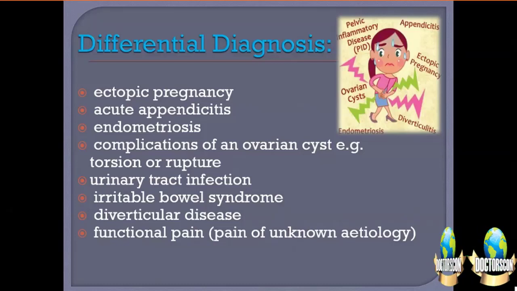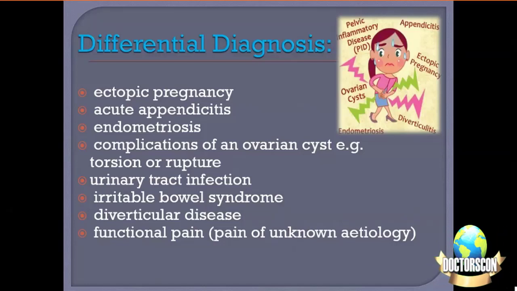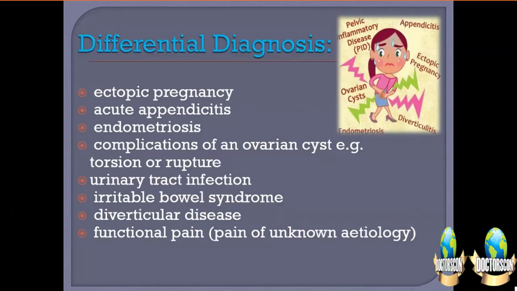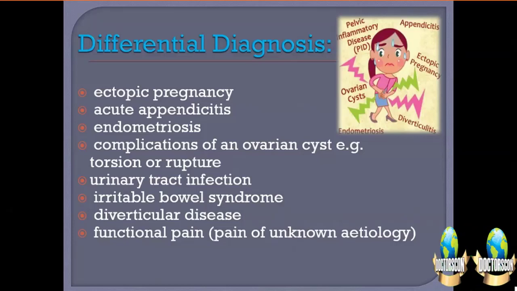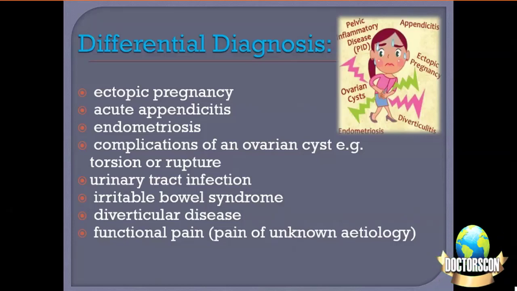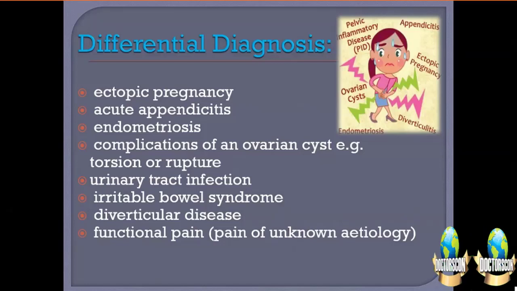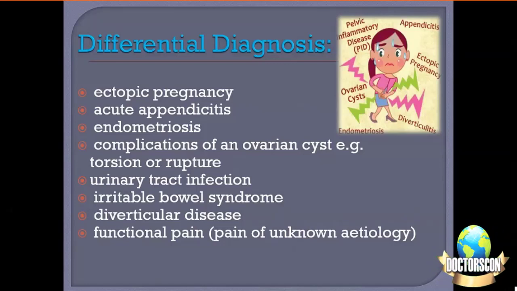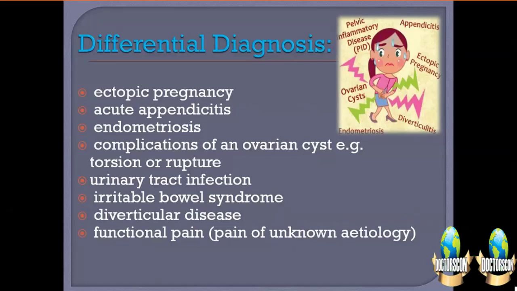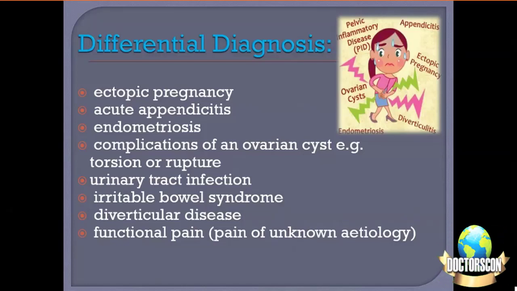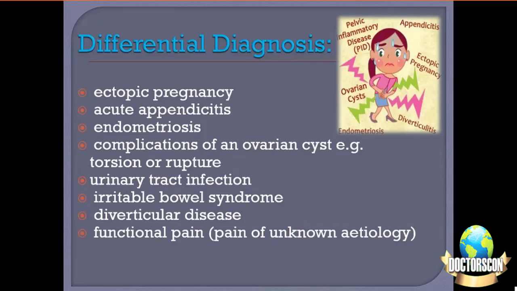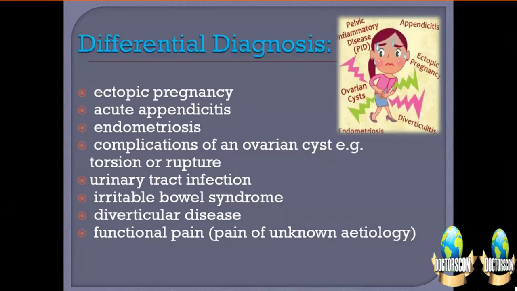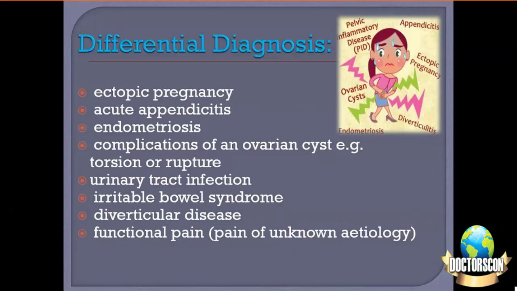And if it turns out to be positive, the next thing that needs to be done is a transvaginal ultrasound to have a clear look and to make or exclude the diagnosis of an ectopic pregnancy. And then you can have ovarian cyst accidents and endometritis, which are important differentials. Urinary tract infections are also common in women, and these should also be excluded in the differential diagnosis. Next.